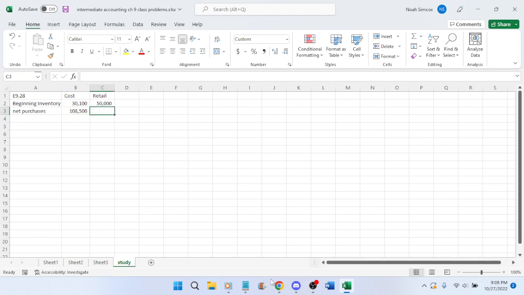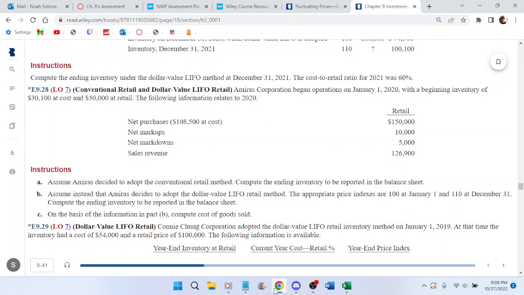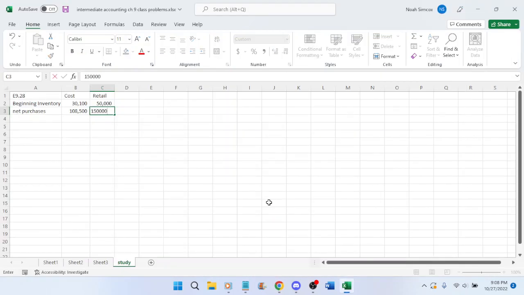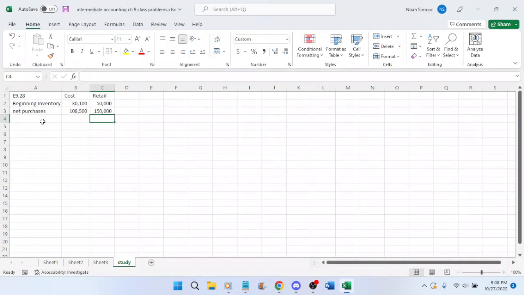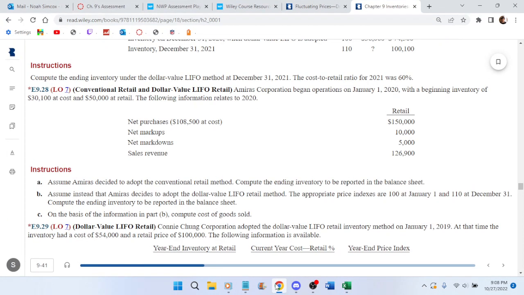At retail is 150. Then, secondly, we have net markups. Your net markups is going to be 10,000.